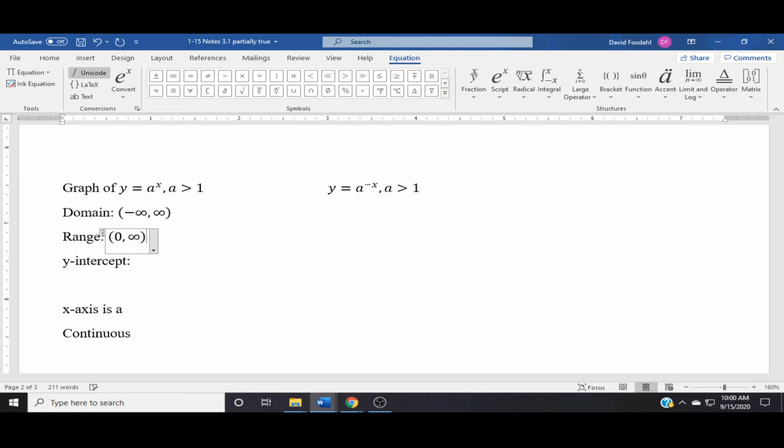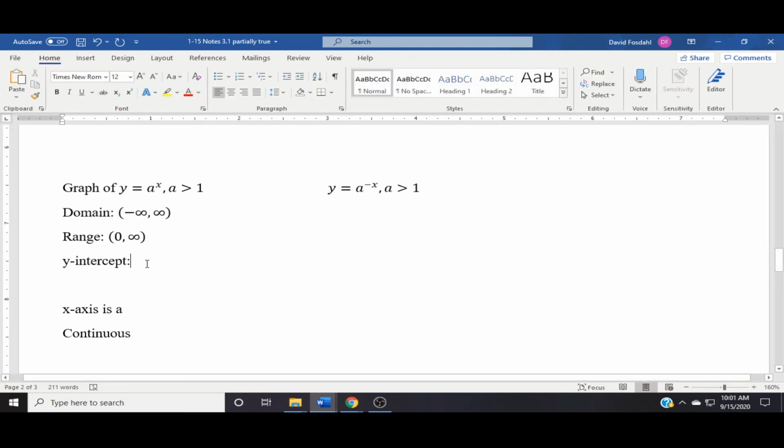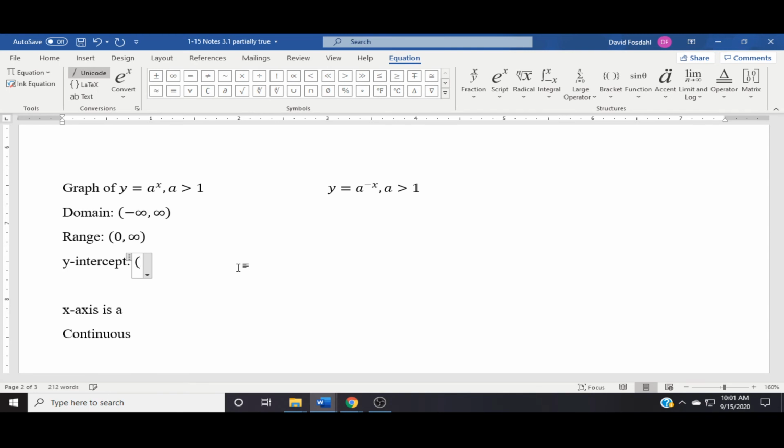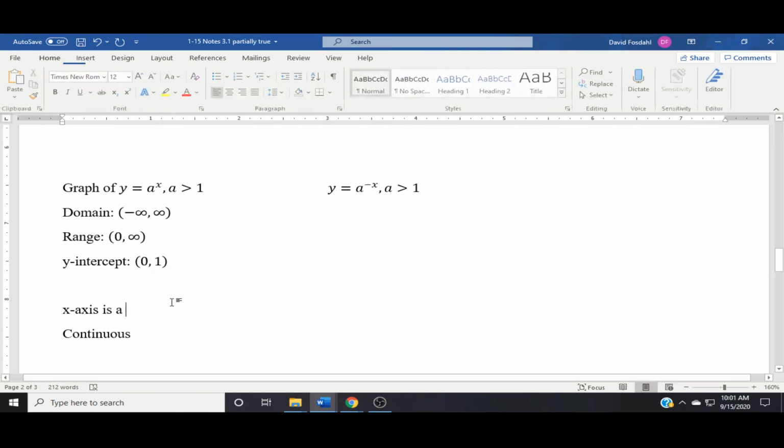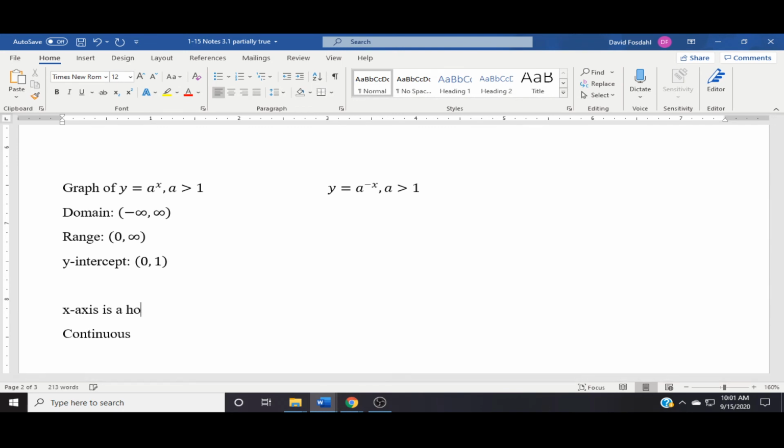That is also true for both. It's never going to reach 0. Our y-intercept for just a to the x is going to be (0, 1), and the x-axis is a horizontal asymptote.